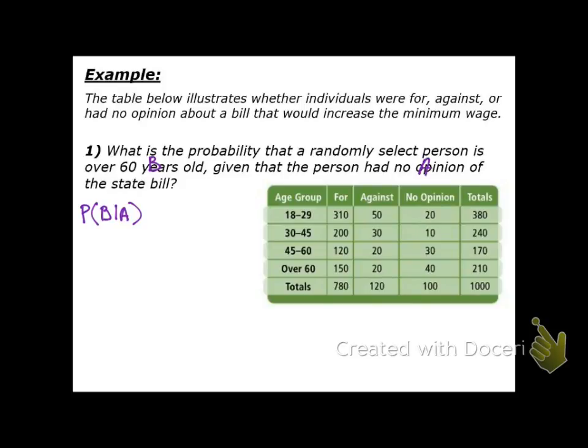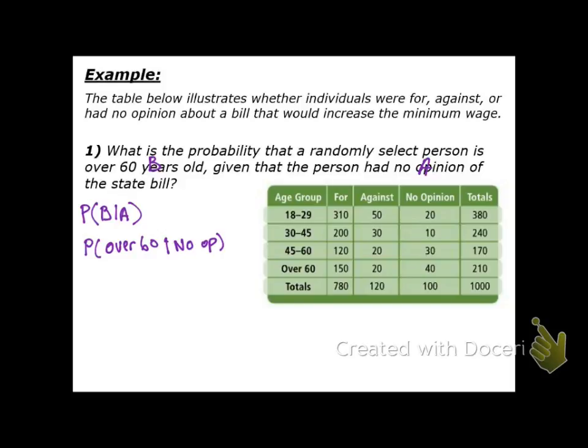So to find our probability, we're looking for the probability that they are over 60 and had no opinion.